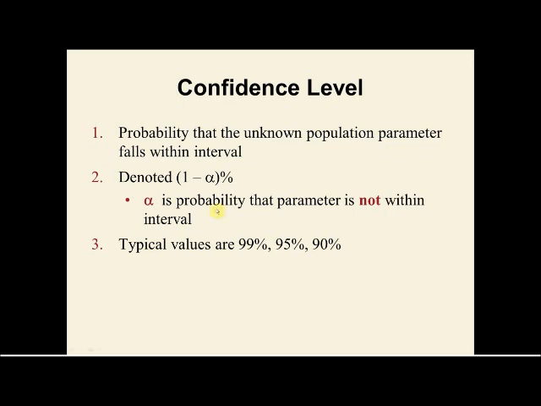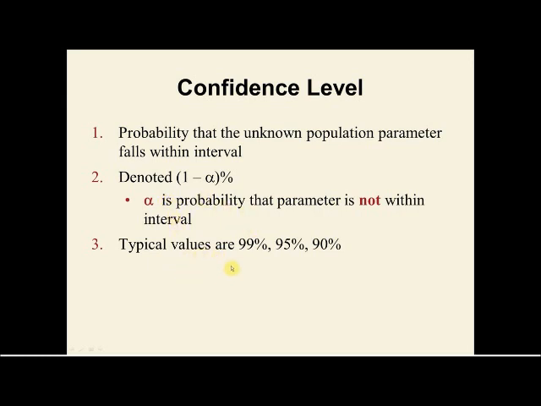So alpha is 5%. That means 5% of the time, it's not going to be between 50 and 70; 95% of the time, it is. So that's 1 minus alpha, 1 minus 5%, 95%. If I take 1 minus 95%, I get alpha, which is 5%. So they're kind of opposites of each other.